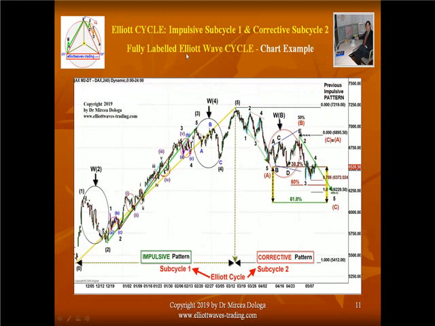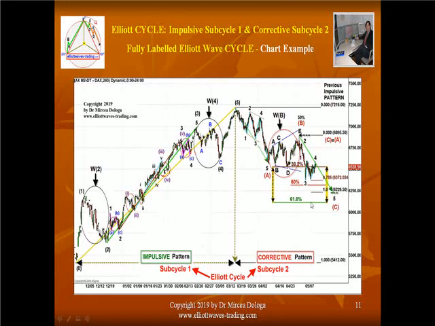This is a fully labeled Elliott wave cycle, and this shows again the labeling of the impulsive pattern, which is subcycle 1, and this is the corrective pattern of subcycle 2. We used over here this projection C equal A, which gives our target for termination of ABC at the Fibonacci ratio of 1.6229, right over here.